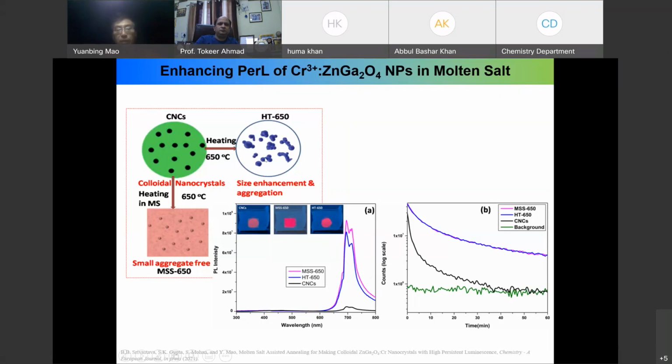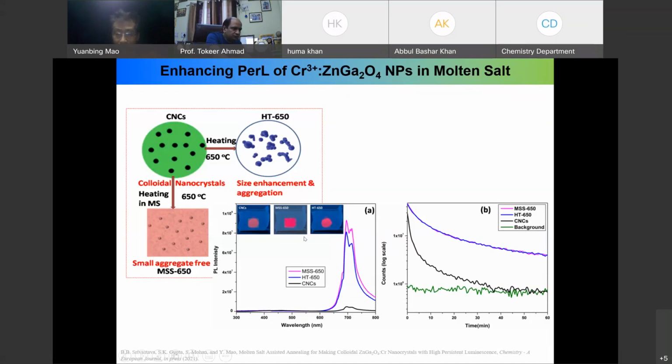Okay, the nanoparticles, normally there is a size increase, and also agglomeration of those nanoparticles, right? So we thought, how about we do this annealing in molten salts? So this is what happened. The particles don't increase that much in size, and there is also no agglomeration, and that really helps us, right?